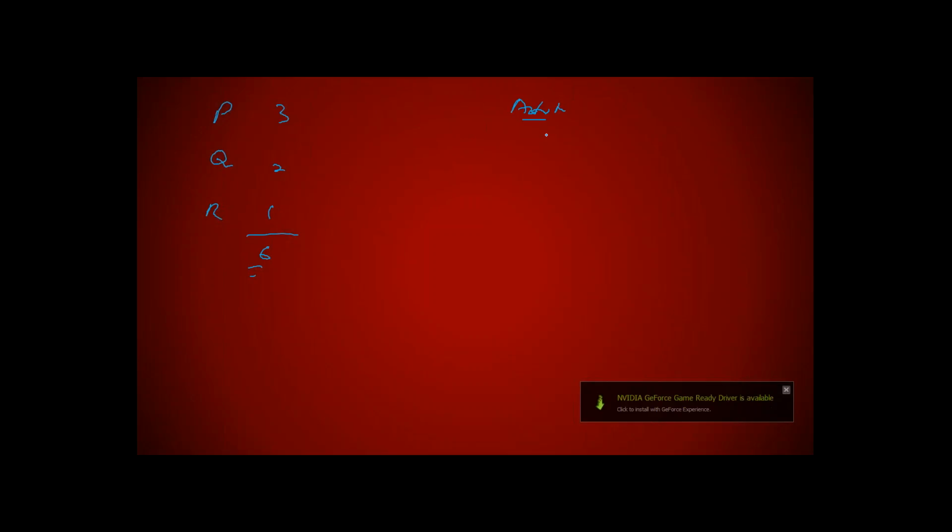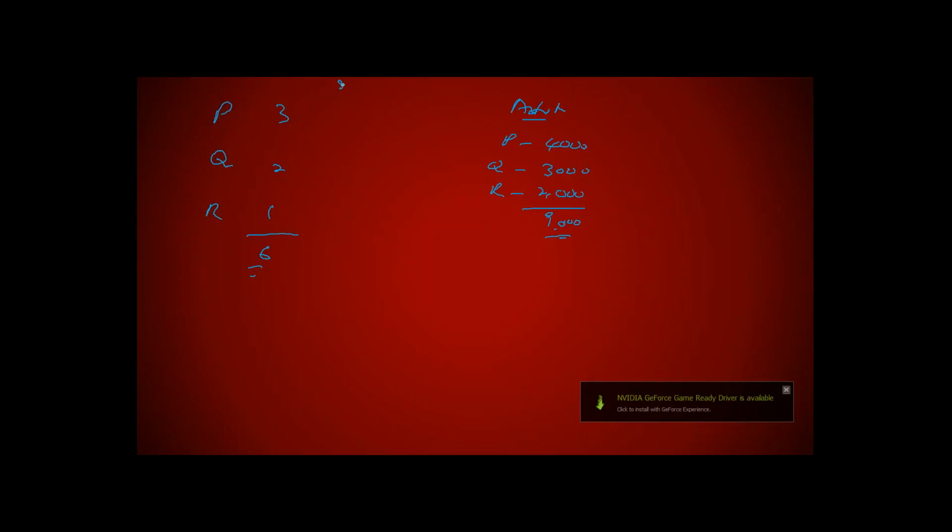Let's assume the actual mix: P is 4,000, Q is 3,000, and R is 2,000. Now again, I want you to do the same thing you did earlier. The total is 9,000.